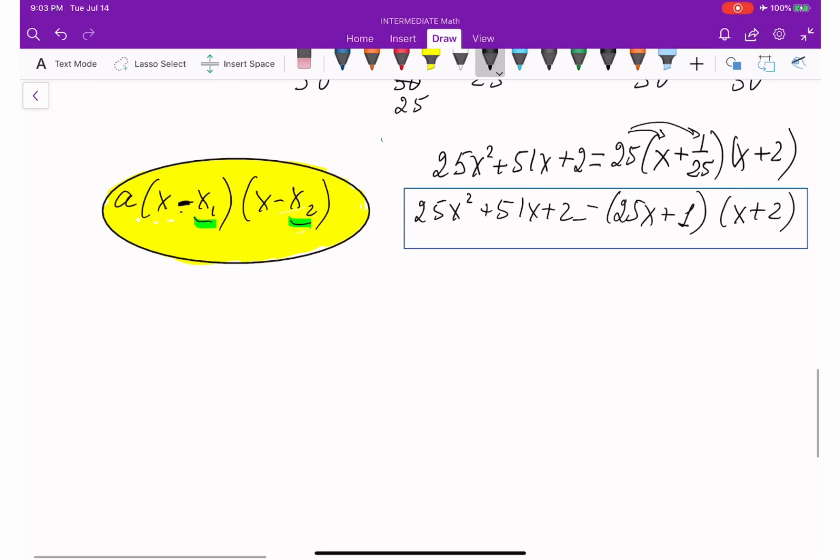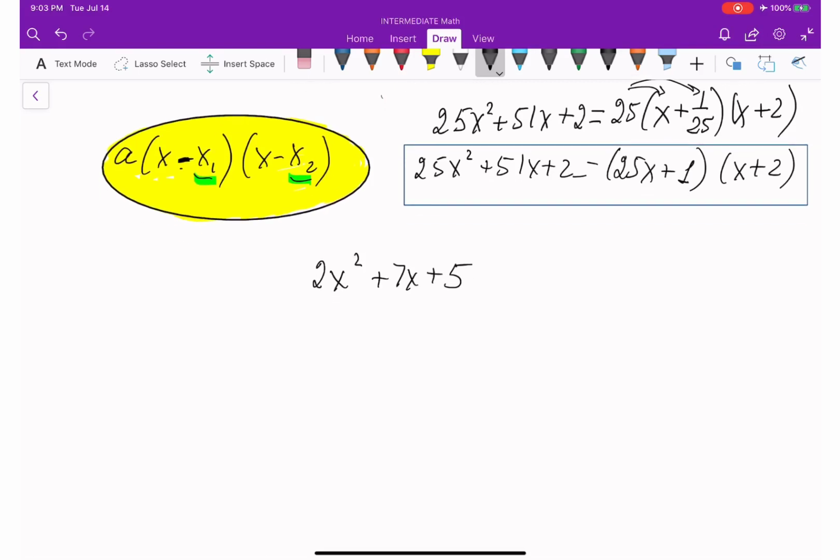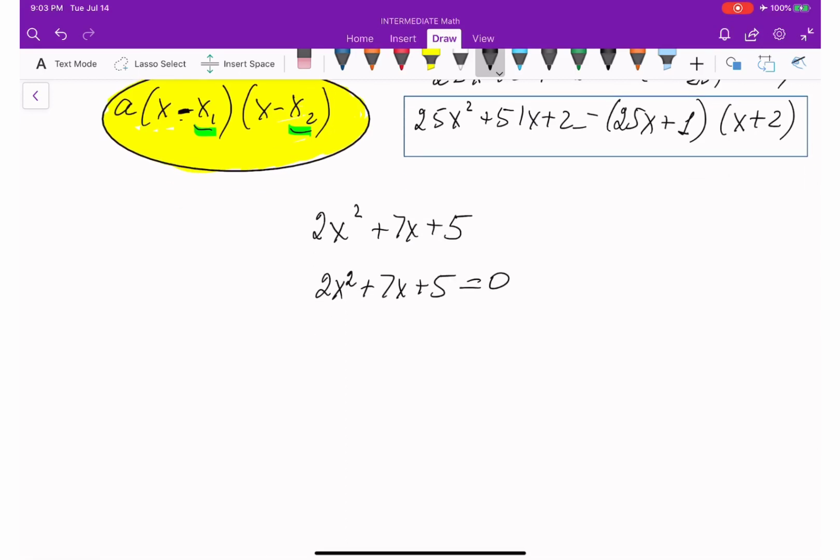2x squared plus 7x plus 5. To be able to factor, we need to represent it in the format of an equation: 2x squared plus 7x plus 5 is equal to 0. So the discriminant is equal to b squared minus 4ac.